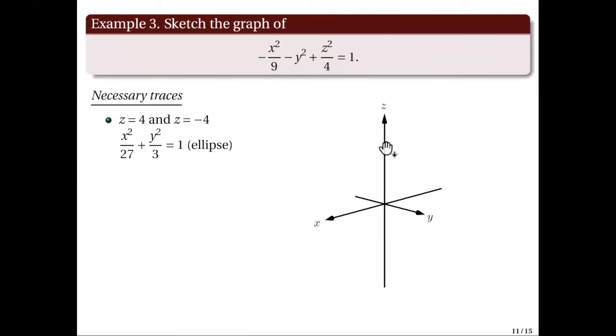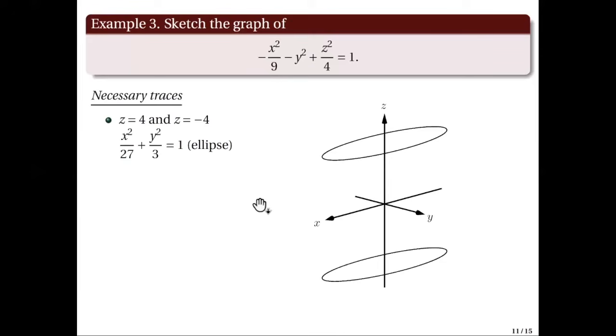So from this point, 3 square root of 3 towards positive x, and 3 square root of 3 towards negative x. We measure square root of 3 along y. So from this point, square root of 3 units towards the positive y and towards the negative y. Connecting those 4 points will give you the ellipse on z equal to 4, and the ellipse on z equal to negative 4 will have the same size.